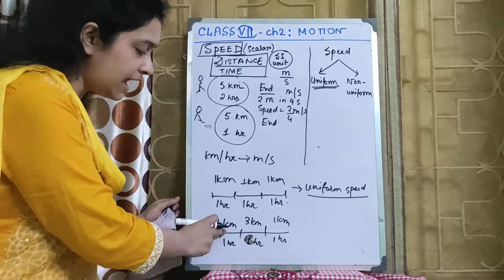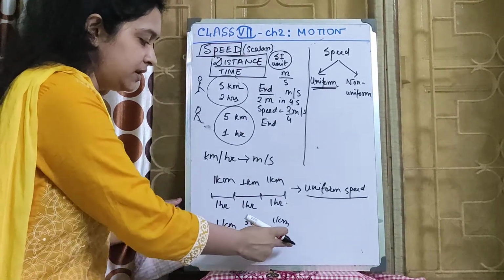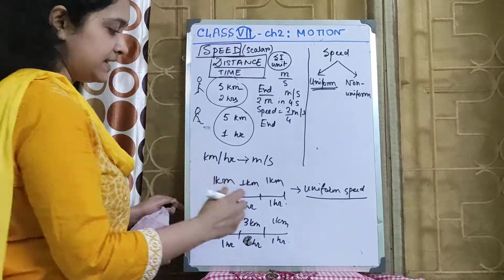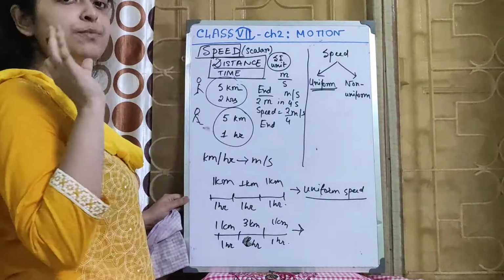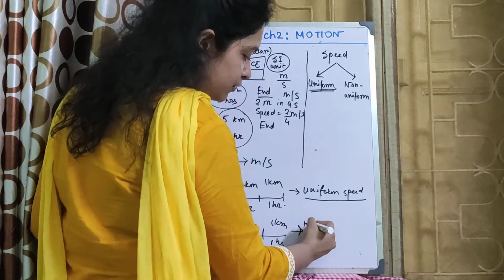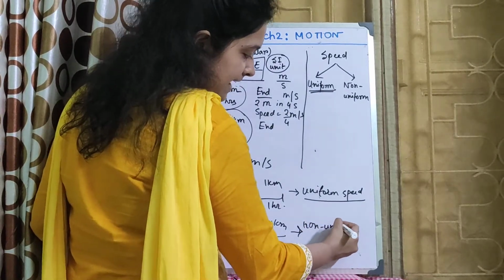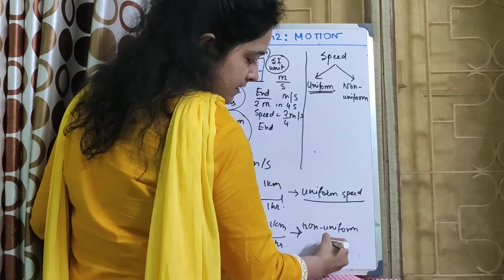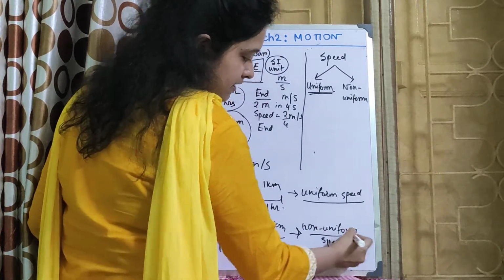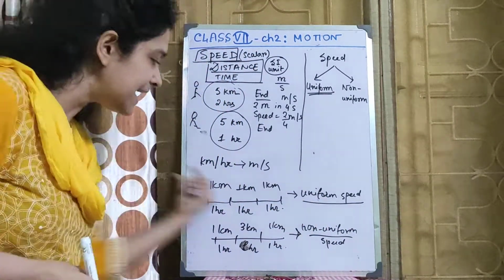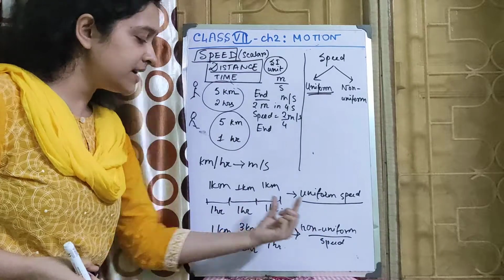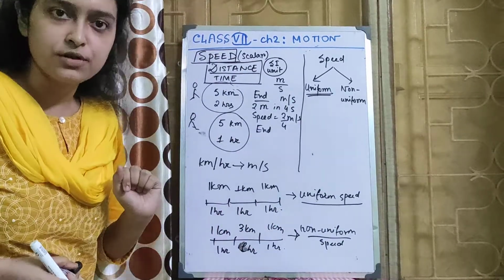No, you are covering unequal distances in equal intervals of time. So, the speed which you possess is non-uniform. That means uniform means it will remain same throughout. Non-uniform, it does not remain same throughout.